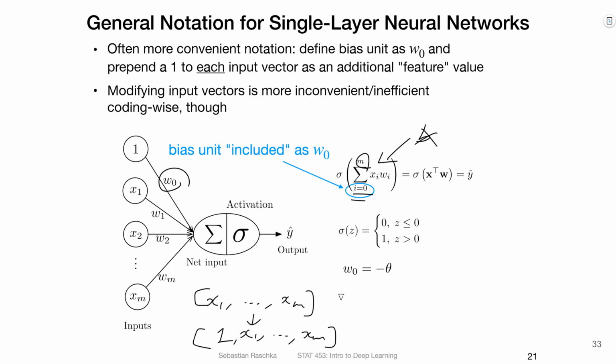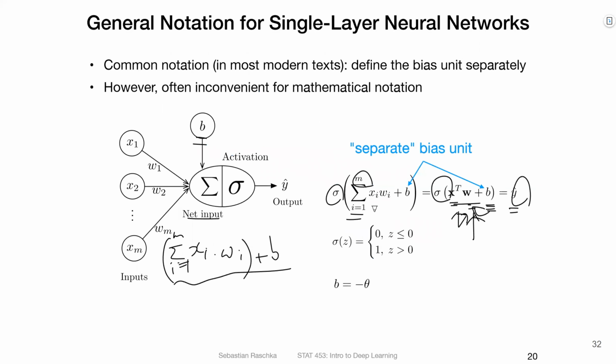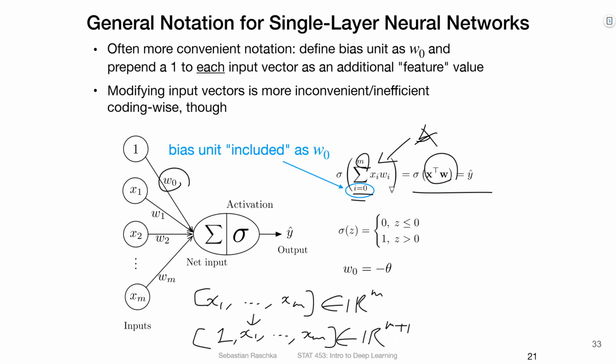So our input vector was originally in R^m, but now it goes to R^(m+1). This is just to simplify the notation. By doing so, our notation becomes simpler, and we're going to use this notation sometimes. Some textbooks prefer this notation. Therefore, you need to understand all these notations. And here, w0 was our bias, or the threshold, and it's going to have the value of minus theta.